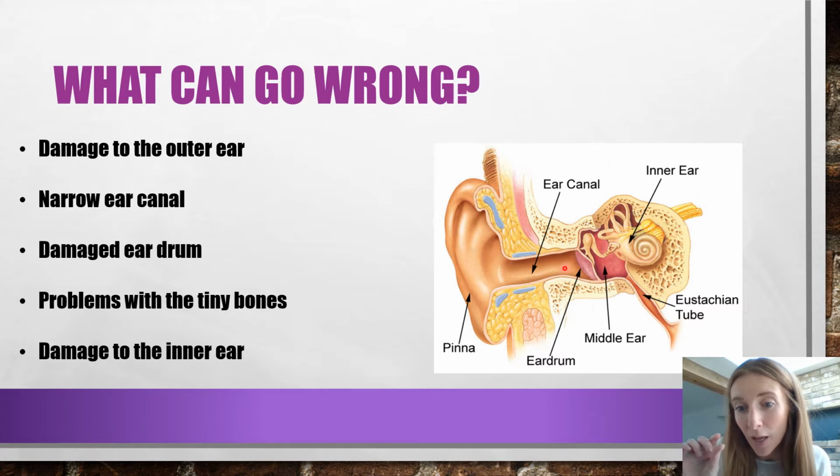Sometimes people have a really narrow, small canal, and that can mean that the sound isn't able to travel up effectively. There might be something going wrong with our eardrum. It might not be able to bounce like it should and let pass the sound through to the middle ear. Sometimes people have something wrong with the tiny bones that move the sound between the eardrum and the inner ear.